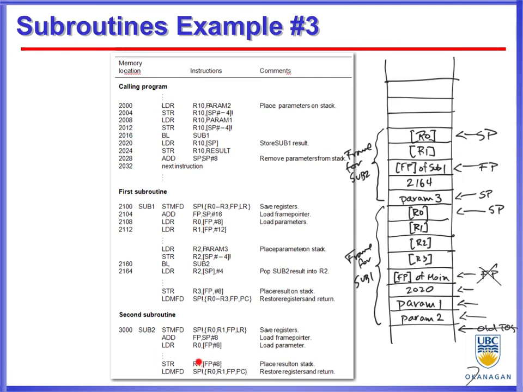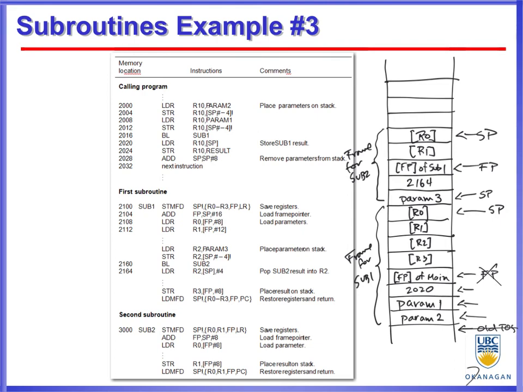Okay, it looks like the result is stored in R1 at the end of that. So now we're going to store what's in R1 at frame pointer plus 8. Frame pointer plus 8 is here again. So we're going to overwrite this parameter 3, because we're done with it, we used it already. We're going to overwrite this parameter with the result of what this thing did here.